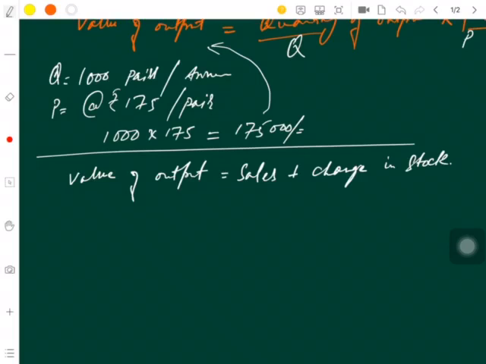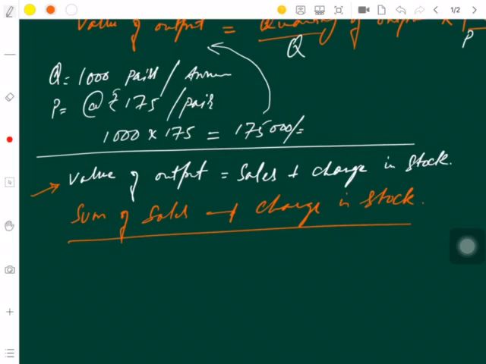So this is one more way of understanding the value of output. It can be expressed as the sum of sales and change in stock, because output is either sold or it is accumulated. Either it is sold or it remains behind for the next year.